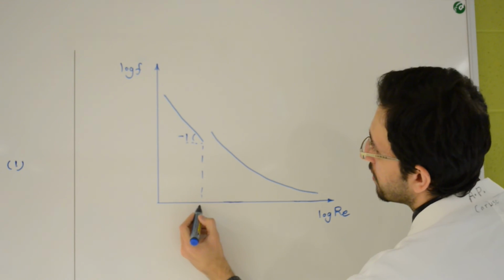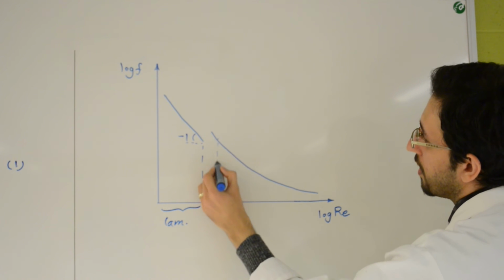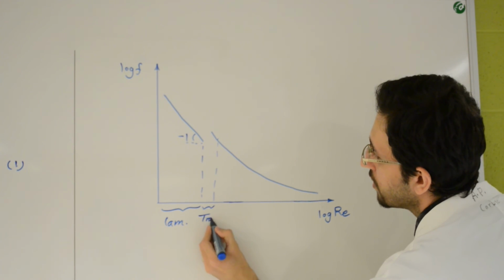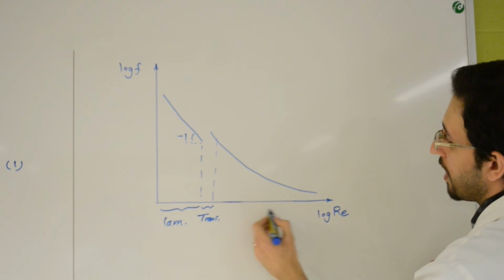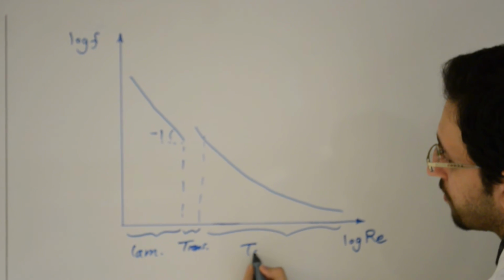So this is laminar. The region in between is called transition, and turbulence.